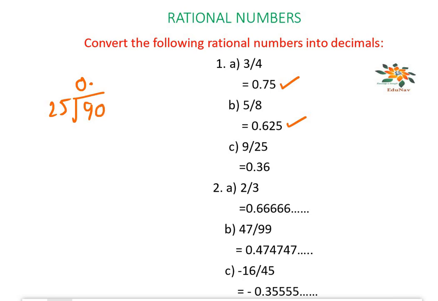This will become 90 if I put 0 here. So 25 into 3 will be 75 now. Balance will be 15. Again if I take 0, it becomes 150. 25 into 6 will now become 150 and the remainder is 0. So 0.36 will be the decimal form of 9 by 25.